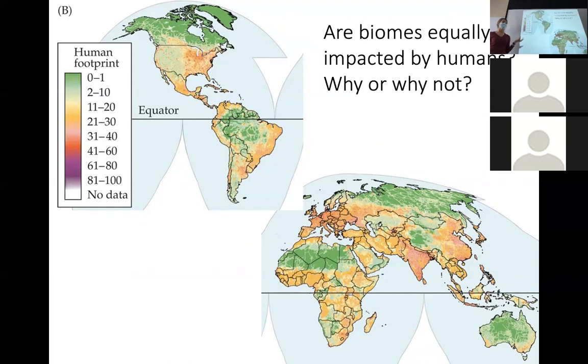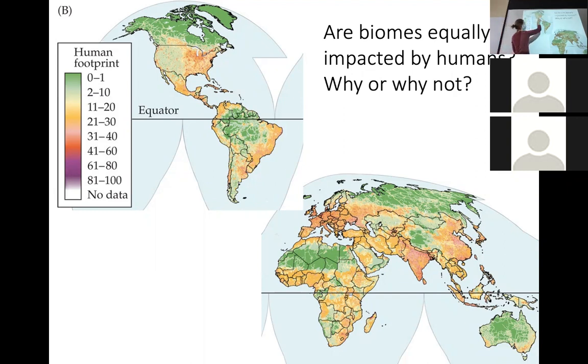Where is it really easy to live for humans? Temperate deciduous is awesome, right? Is it easy to live in Alaska and the northern reaches of Canada? I haven't lived there, but I'm guessing no. It is not easy to grow food. So historically, when you think about human migrations, all of the US is fairly attractive from a human development standpoint, but the eastern US is where most of the initial European settlement happened.